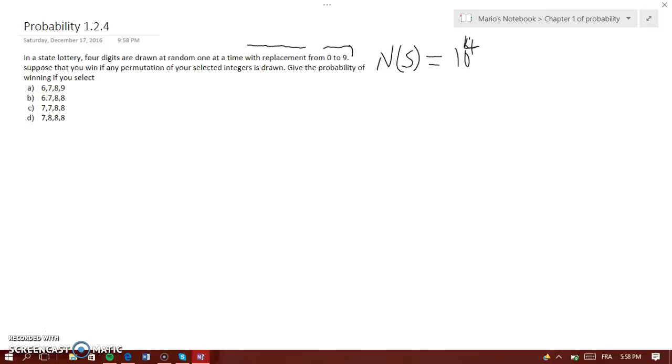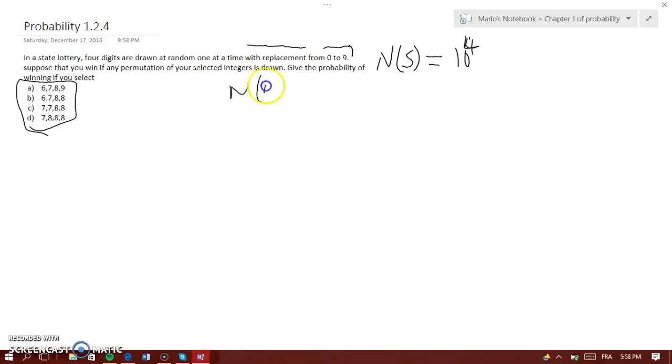Now for A, give the probability of winning if you select 6, 7, 8, 9. Now you see here, all of these only have 4 numbers. So your first priority here is to neutralize those 4 numbers.